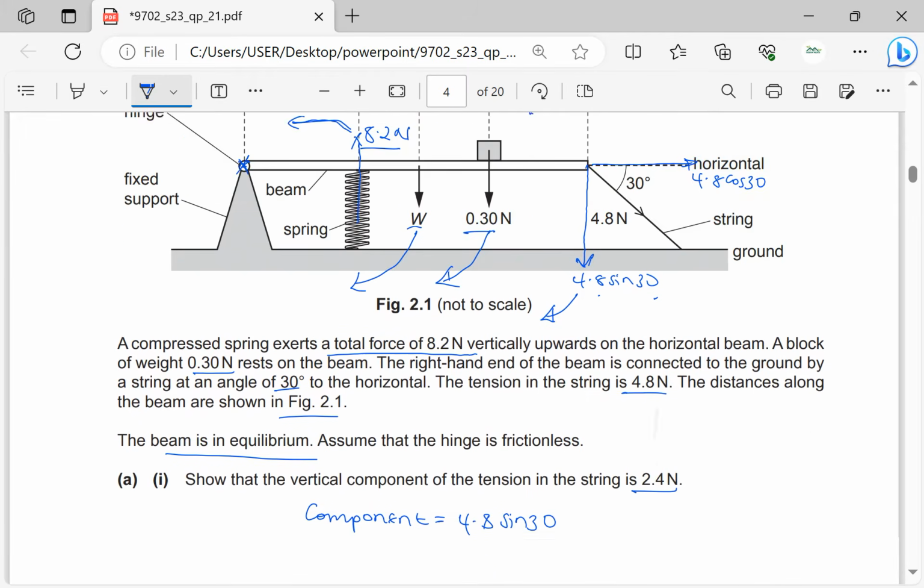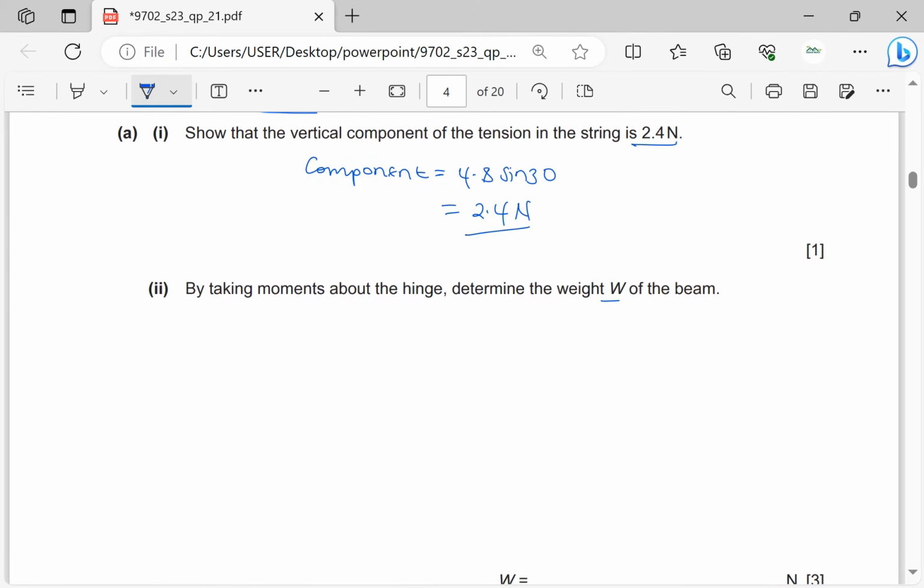So these should be equal. Taking moments about the fixed point, I have the weight. Its perpendicular distance is 0.50 plus 0.10. Then I also had 0.3. Its perpendicular distance is 0.20 plus 0.10 plus 0.50.